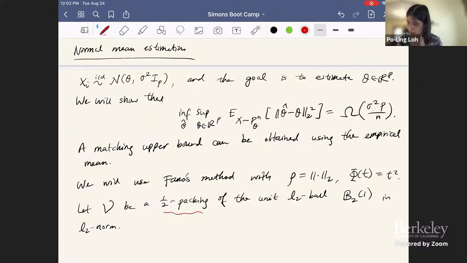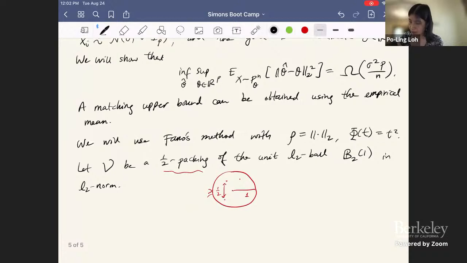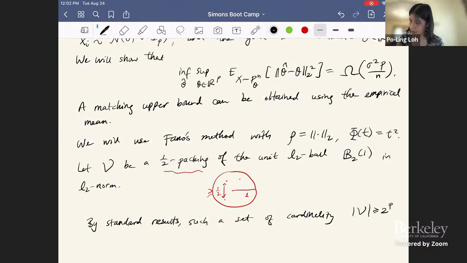It means that I have my ball of radius 1 in L2 norm, and I want to place points in it so that the pairwise distance between any two of them is at least 1/2. Now, by standard results, such a set of cardinality script V bigger than 2 to the p exists.